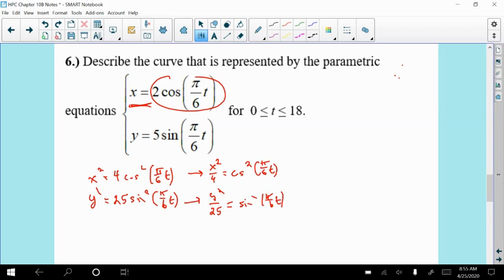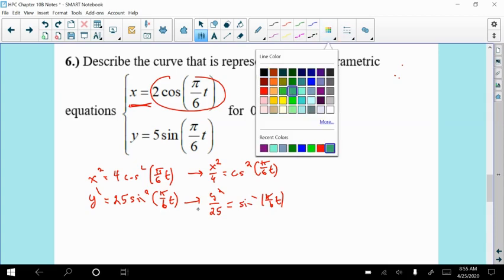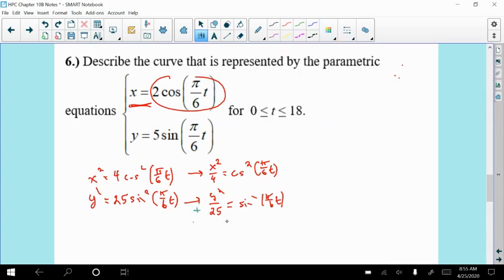Okay, now I have cosine squared, I have sine squared. Let's add the two functions together. And the left side just becomes x squared over 4 plus y squared over 25. Now, the right side is cosine squared of some angle plus sine squared of some angle. And it doesn't really matter what you call that angle.